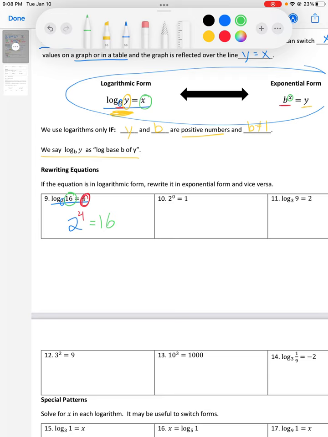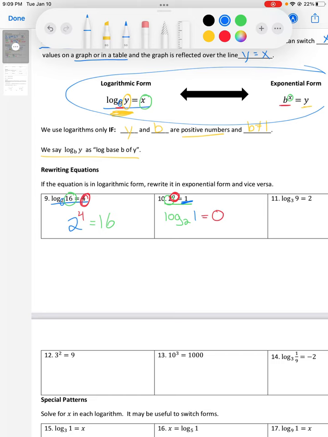Okay, so let's do the next one too. Question 10. So now question 10, we're going to take the exponent and rewrite it as a log. So again, the base of the exponent is the base of my log. What the exponent is, is what it's going to equal. And what my exponential equation equals is what I'm taking the log of. Okay?